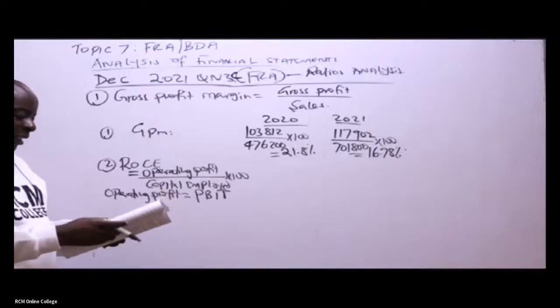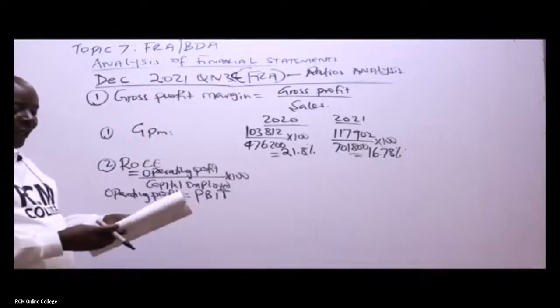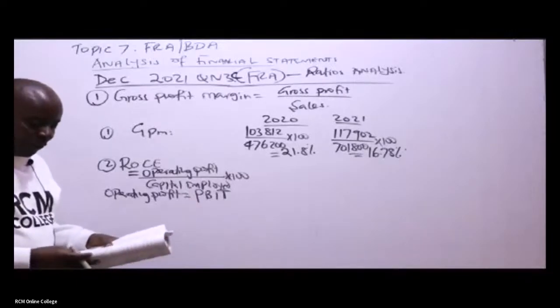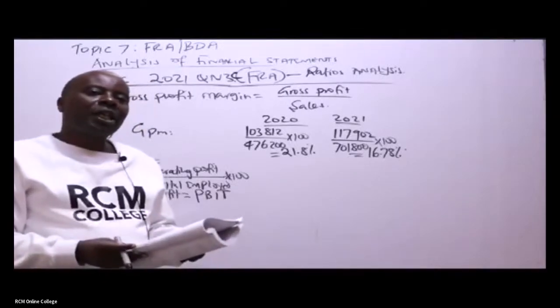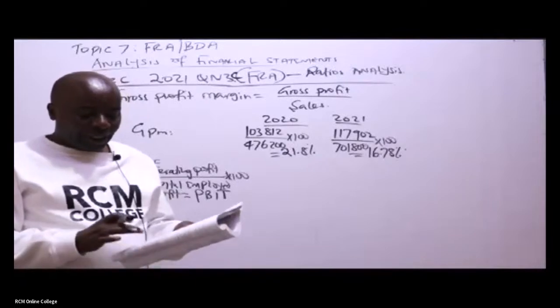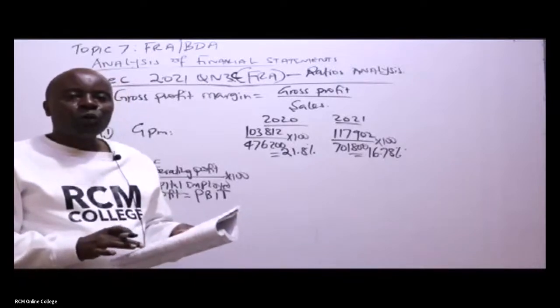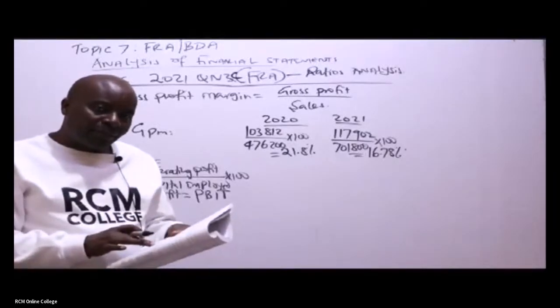This extracted income statement, I can see they have given me profit before tax of 50,815. What do you think shall we do to make it PBIT? How do we change this to be PBIT? Because you see, this figure is profit before tax.